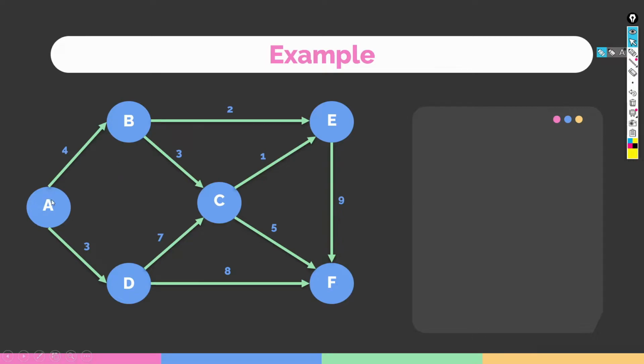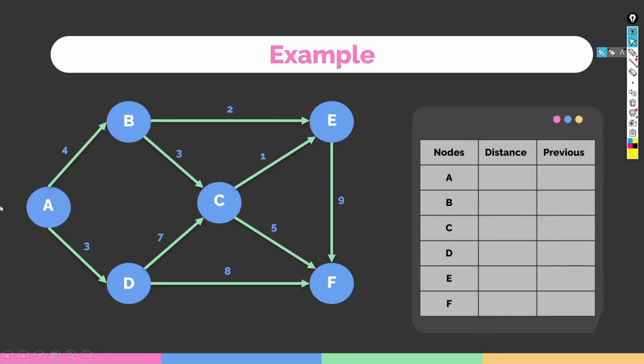So A is the source node here. Now let's create a table. Now we can see that A is the source. So if we go from A to A, its distance is going to be 0, right? So we put 0.